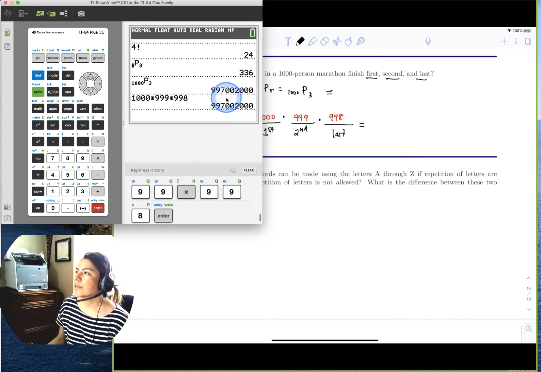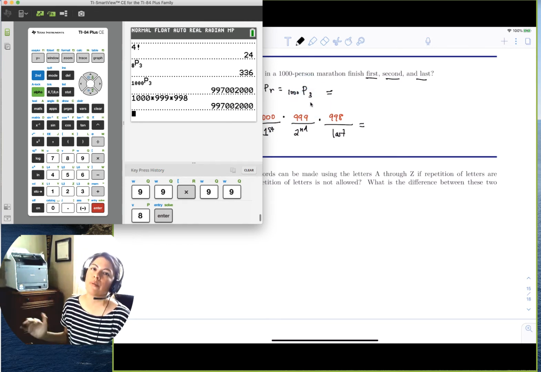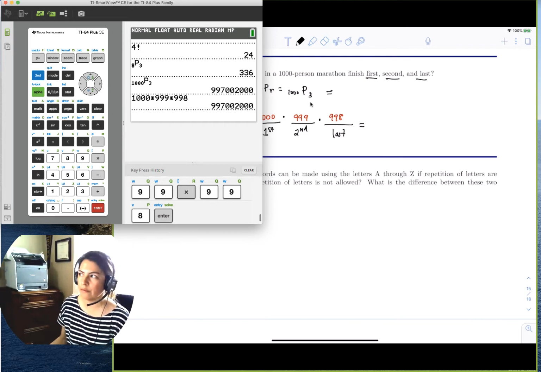And notice that they're the same no matter what. So you can use the hangman spaces if you like, or the permutation formula. Either way, it seems like it'll be the same amount of work as long as the number of categories is low. If you get to 20 categories, you're going to want to use the calculator formula for sure.